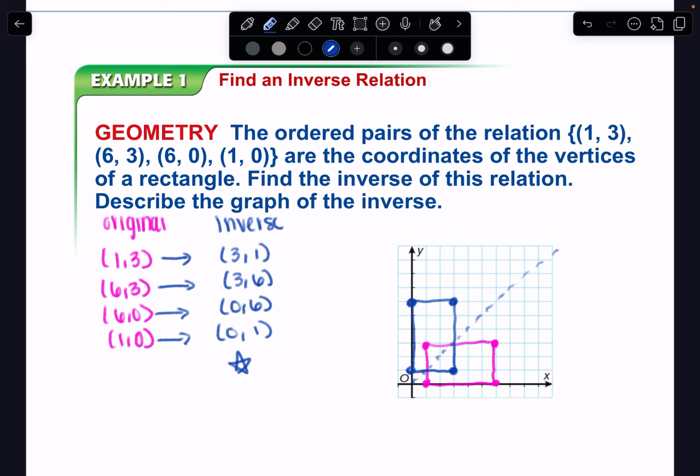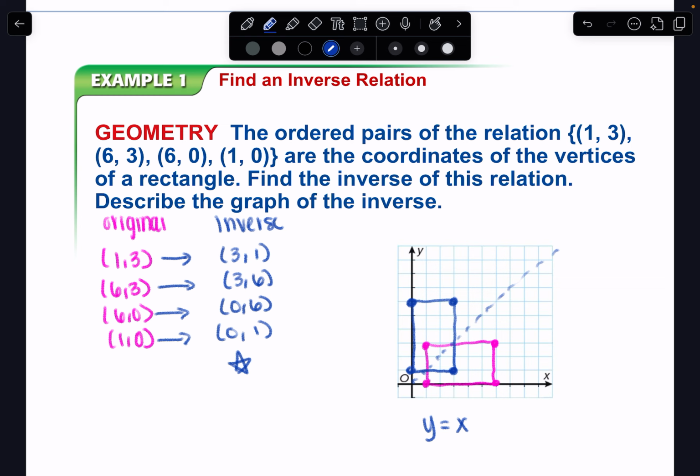The other way that's easier to write that is just that x and y are equal to each other, meaning it started on x and then it flipped to y, which should make sense to you because my y values became my x values, and my x values became my y values.